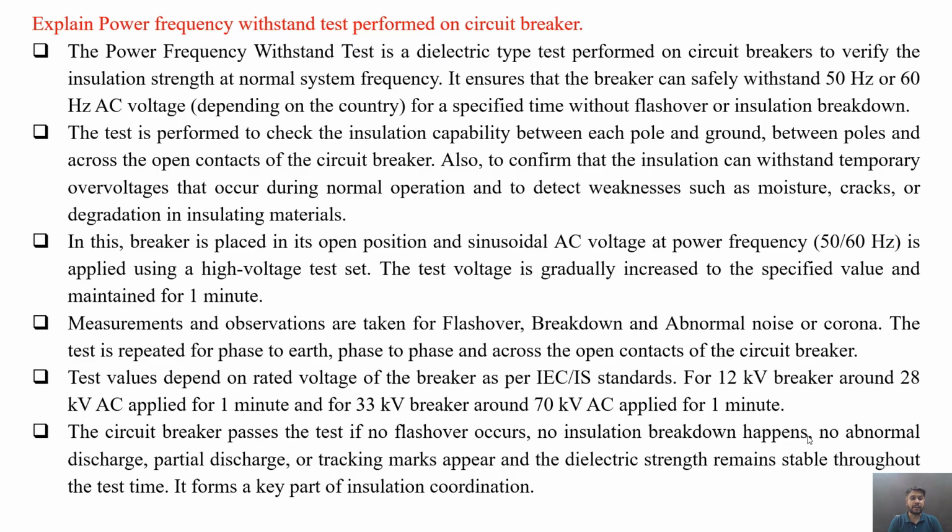Test values depend on the rated voltage of the breaker as per IEC or IS standards. For a 12 kV breaker, around 28 kV AC is applied for 1 minute, and for a 33 kV breaker, around 70 kV AC is applied for 1 minute.